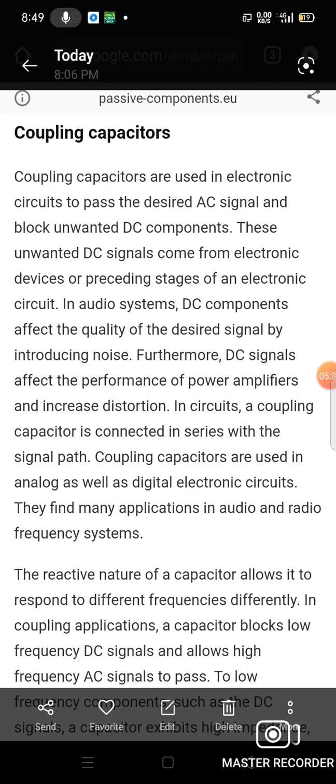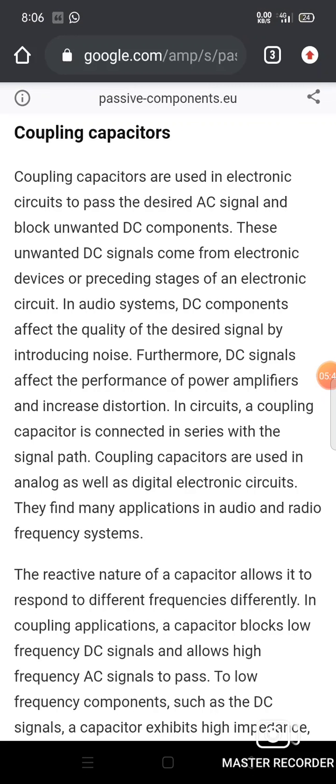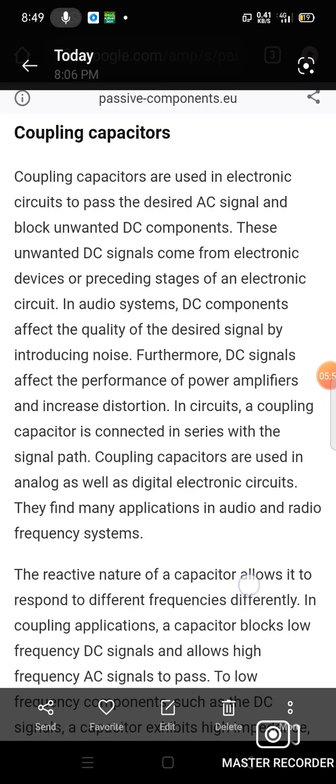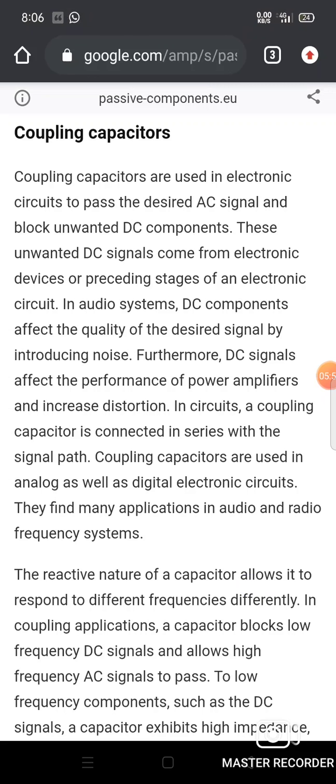Next paragraph: the reactive nature of a capacitor allows it to respond to different frequencies differently, that is, lower frequencies, medium frequencies and higher frequencies. In coupling applications, a capacitor blocks low frequency DC signals and allows high frequency AC signals to pass.